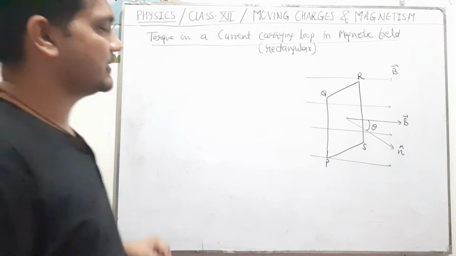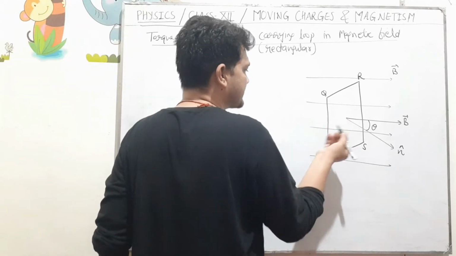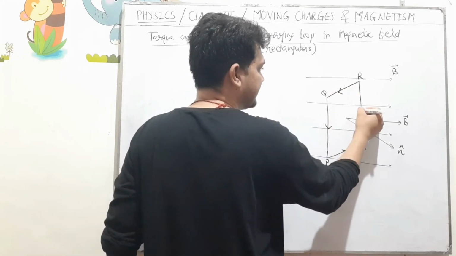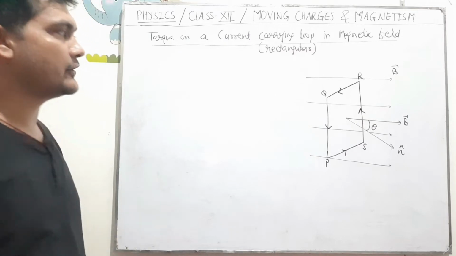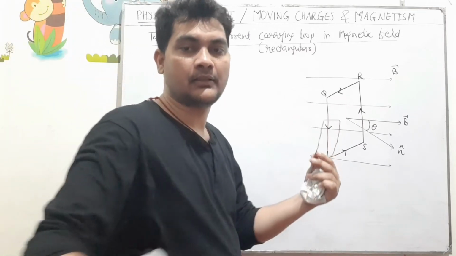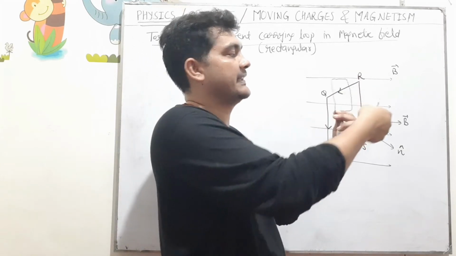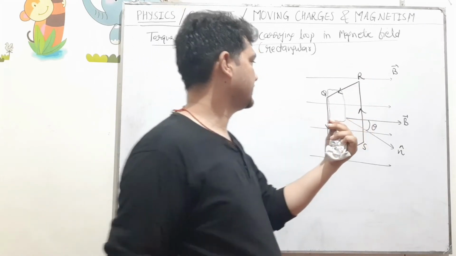Now let us see what is the direction of current. Suppose that the direction of current is anti-clockwise. This is the direction of current we have assumed, in anti-clockwise sense.